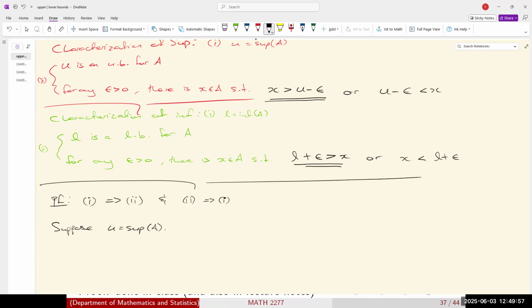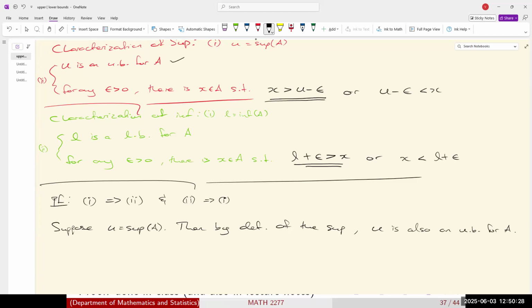Okay, so suppose U is the supremum, then by definition of a supremum, I should say a supremum because we haven't proved that the supremum is unique, but it is. Then by definition of the supremum, U is also an upper bound for A, right?